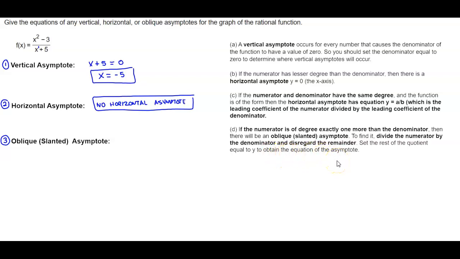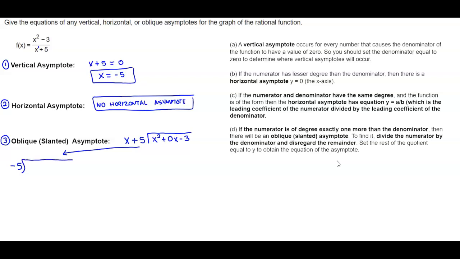So we divide x plus 5, the divisor, into x squared minus 3. Remember there's a missing term, so that's plus 0x and then minus 3. We can just use synthetic division, where k is going to equal negative 5.